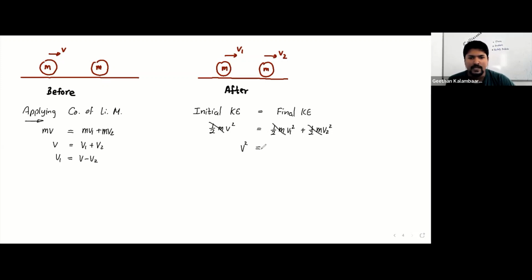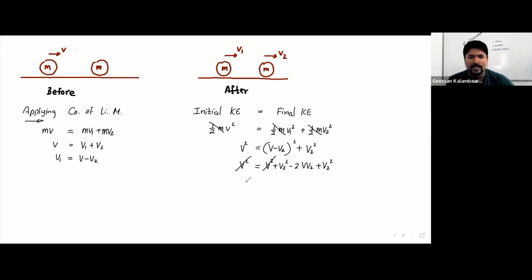So I'm going to write, instead of v1, I'm going to put v minus v2. V minus v2 squared plus v2 squared is equal to v squared. Simplifying further, you can write v squared plus v2 squared minus 2vv2 plus v2 squared is equal to v squared. ඉතින් v squared උත් කැපිලා යනවා දෙපැත්තේ.